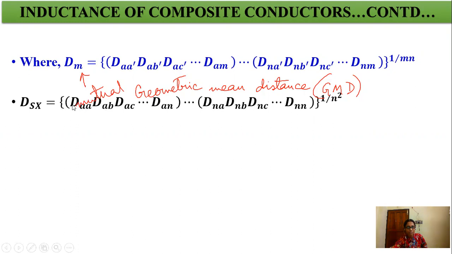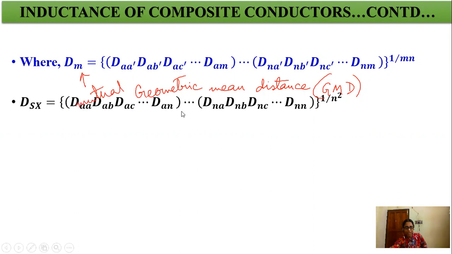The first portion is the distance between subconductor A and all other subconductors in composite conductor X, including the radius of subconductor A. That is DAA, denoted here as DA, which is actually Rx dash.